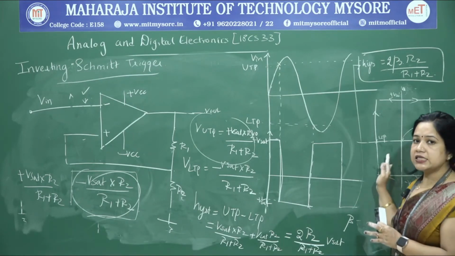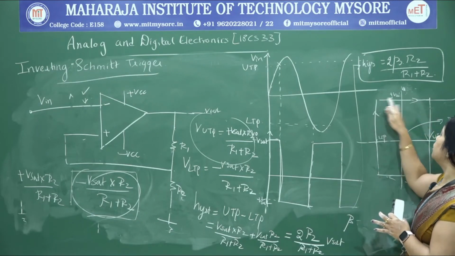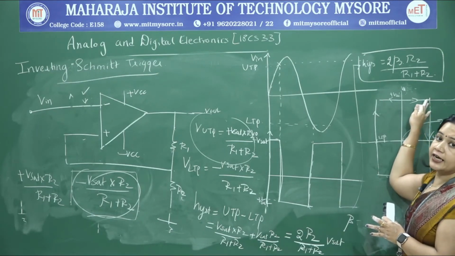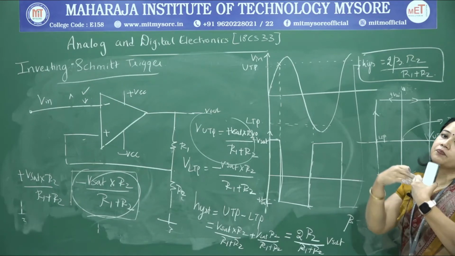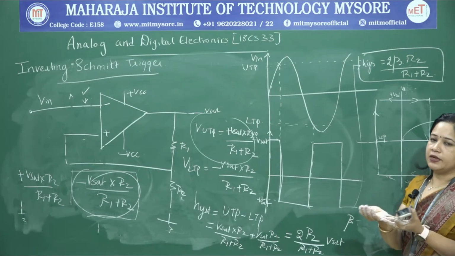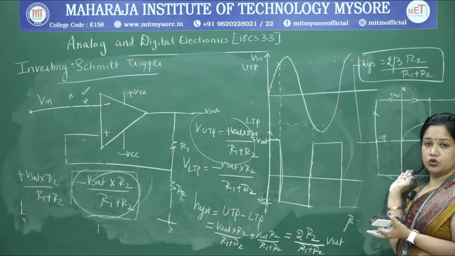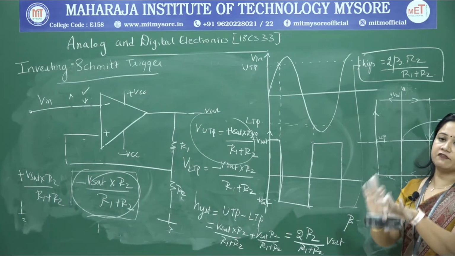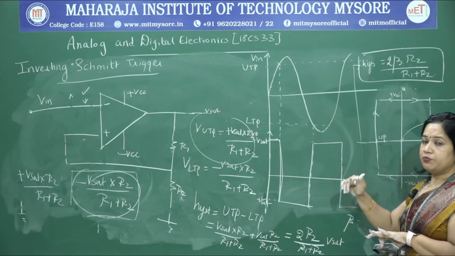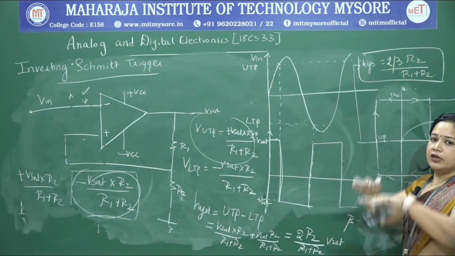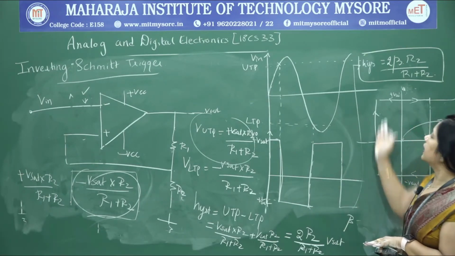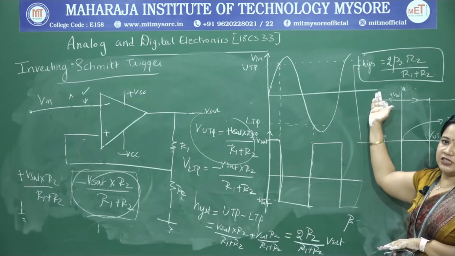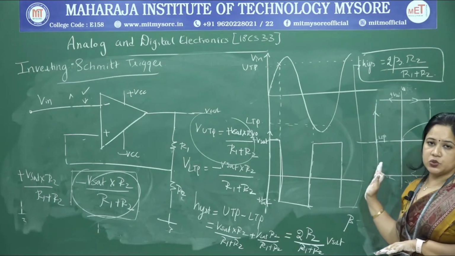You can see in this hysteresis curve, the output is at positive saturation unless the input is greater than UTP. Once the input exceeds UTP, it switches from plus Vsat to minus Vsat and continues to be in minus Vsat till the input falls below the LTP. When the input falls below the LTP, it again switches to plus Vsat. So this is your hysteresis curve.